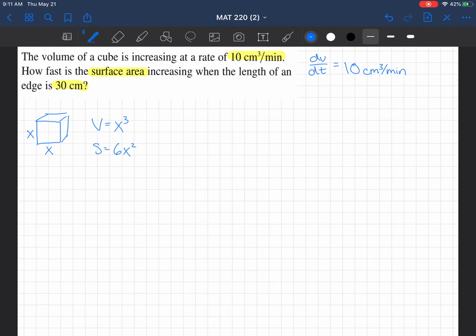For the next step, it's best to go ahead and take the derivative of the top function, our volume function, and when we do that, we're going to be left with dV/dt on the left and 3x squared dx/dt on the right.